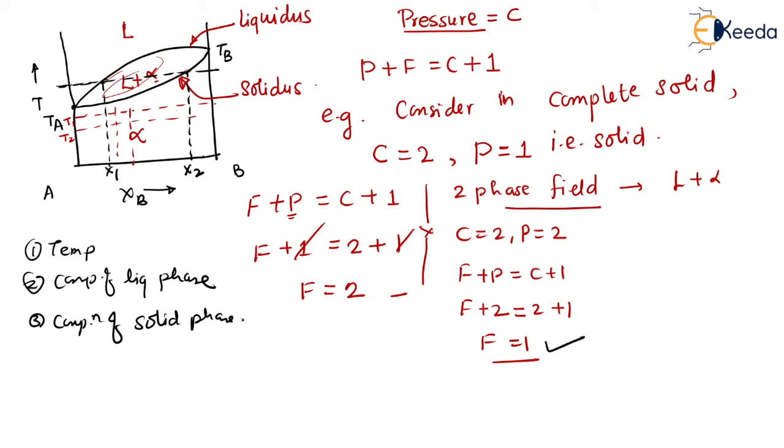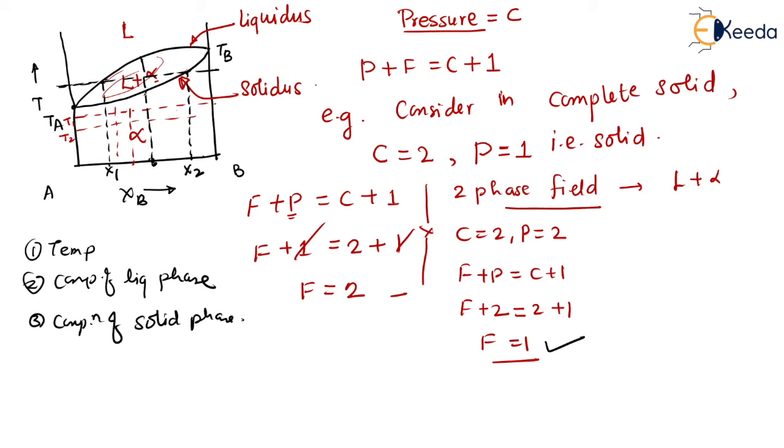So if you choose any arbitrary temperature in the two phase field, you will be fixing the composition for liquidus and for solidus. So that is the meaning of the degree of freedom 1. Now dear students, in the same case, suppose I choose any arbitrary composition, say x is the composition that I have chosen.